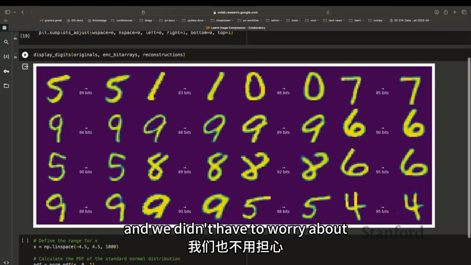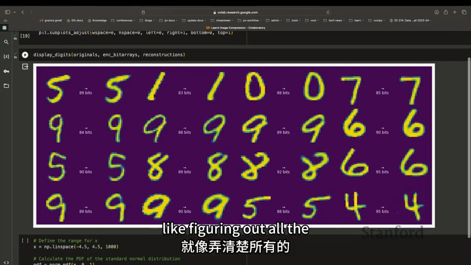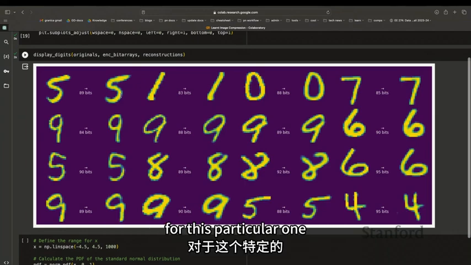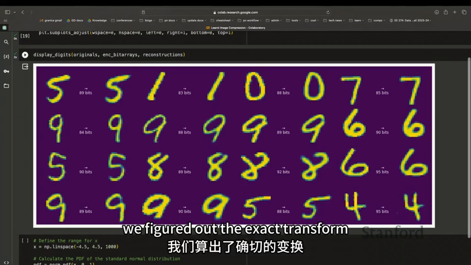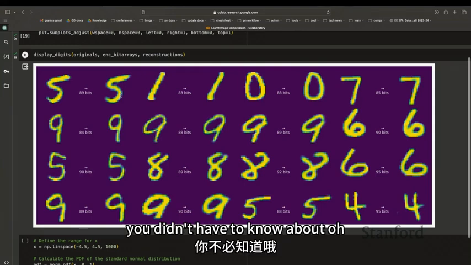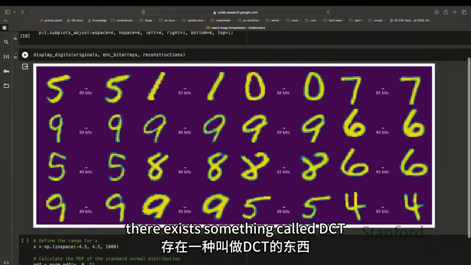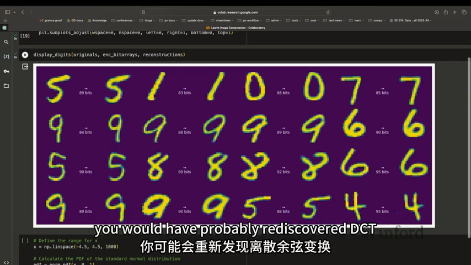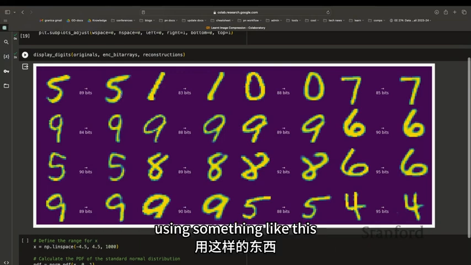And we didn't have to worry about designing all the hand-tuned parameters for this particular one. We figured out the exact transform. You didn't have to know that there exists something called DCT and so on. If you had this technology and everything before, you would have probably rediscovered DCT using something like this. So that's pretty cool.